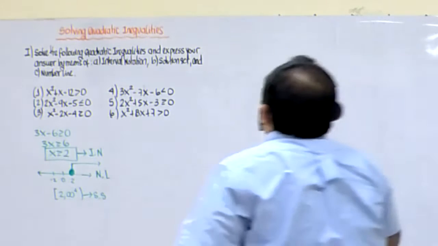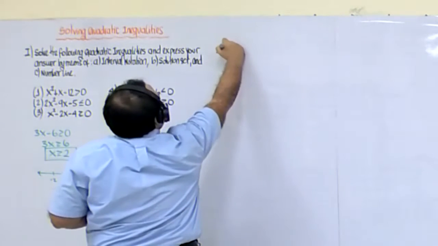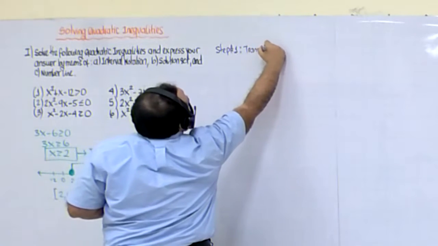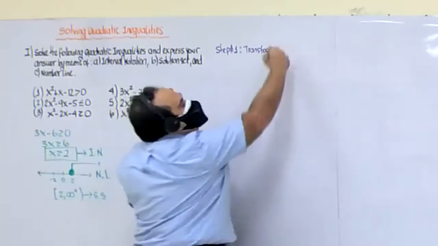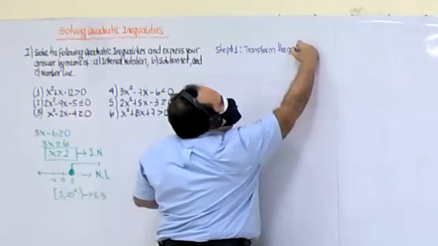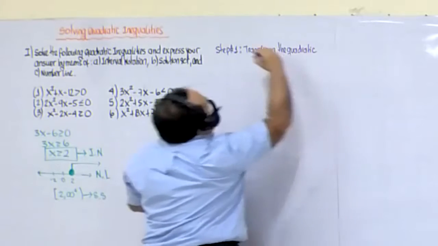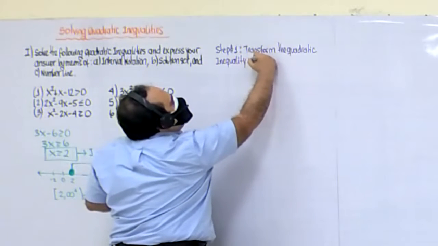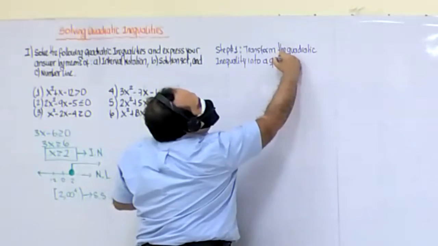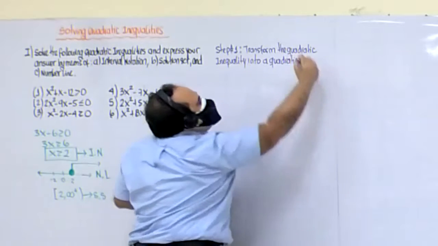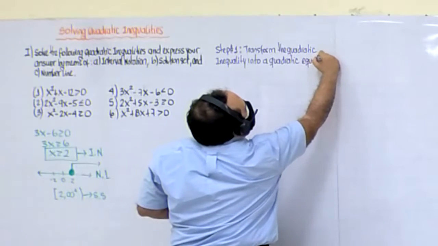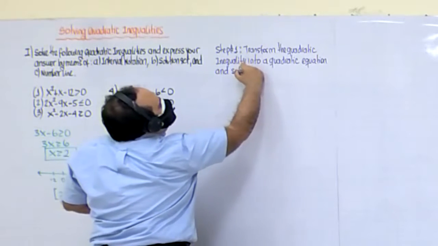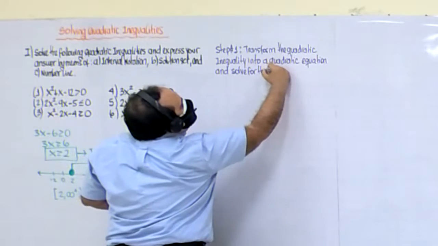Step number 1: transform the quadratic inequality into a quadratic equation and solve for the variable.